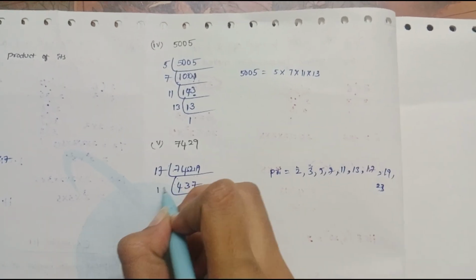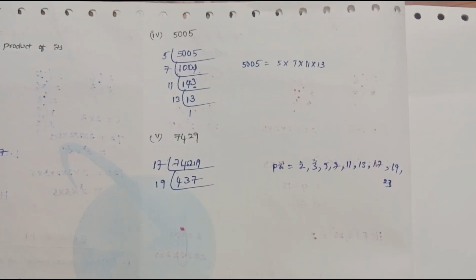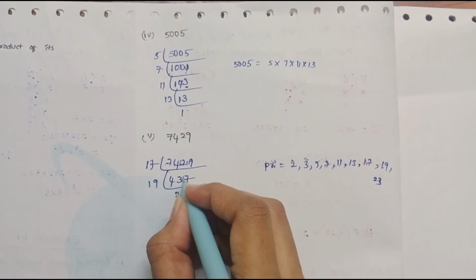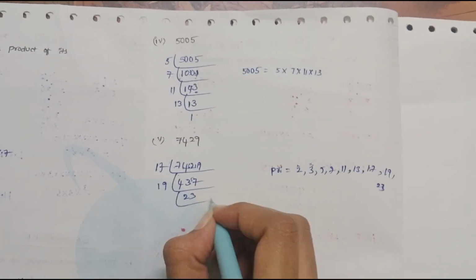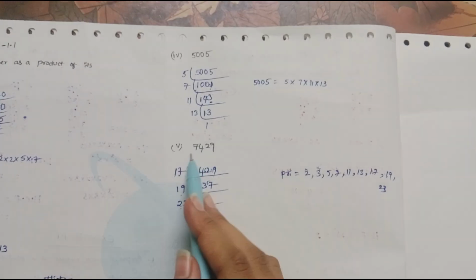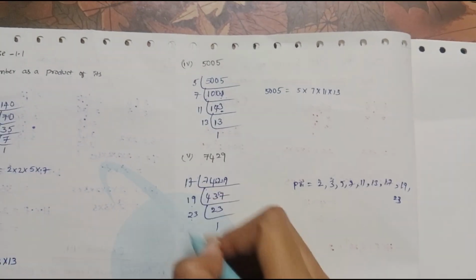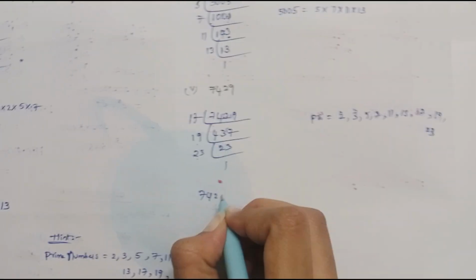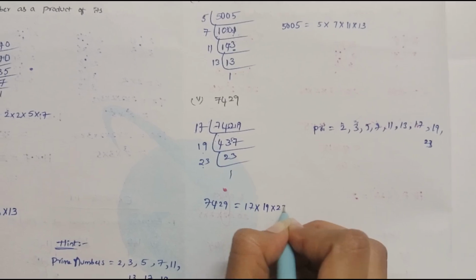Next, 19. 23 is a prime number, so 17, 19, 23 are the factors for 7429. Product of those factors. 17 into 19 into 23.